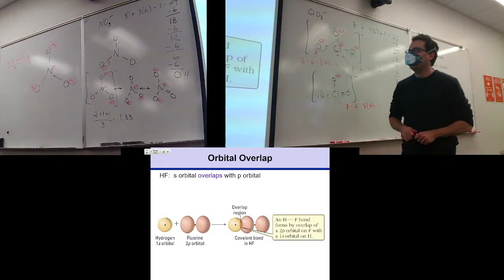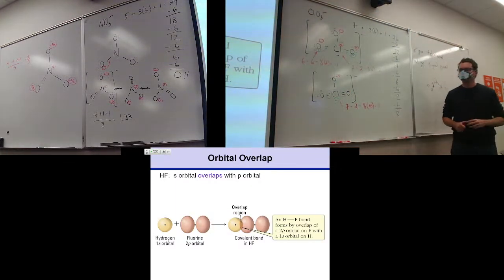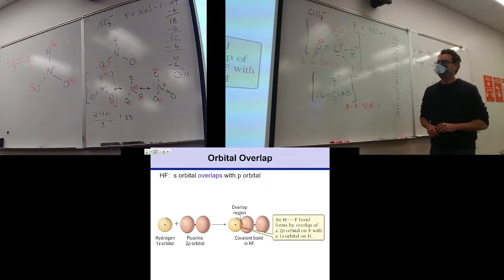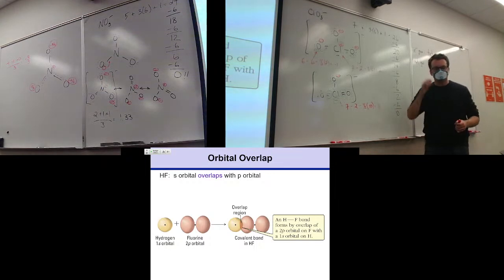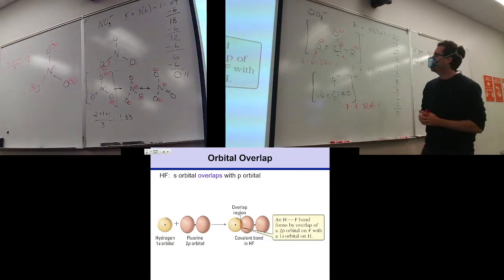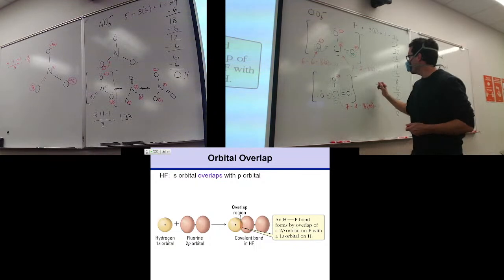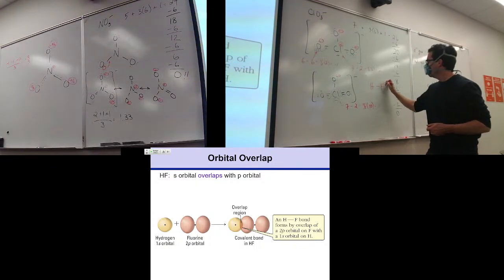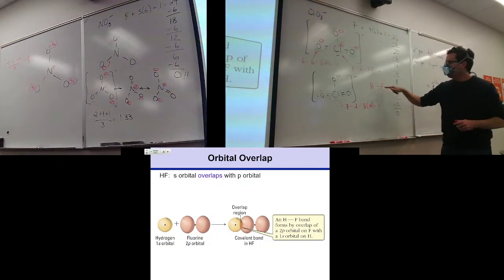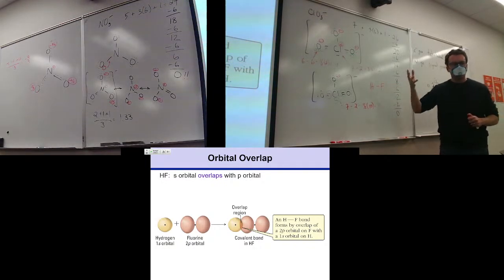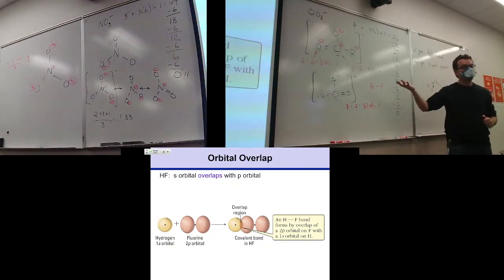You can do the same kind of overlap with a p orbital too. So if you have, for instance, hydrogen and fluorine, we know that HF is a molecule that exists. We can draw the Lewis structure. Just looks pretty simple. There's HF. So this bond, well, how is it formed? Well, the p orbital on fluorine is the orbital that is missing an electron, right?